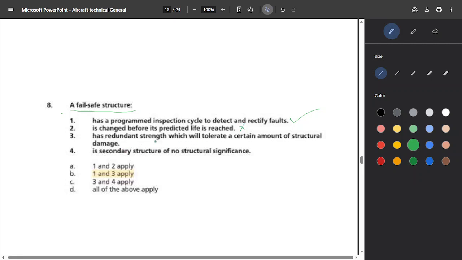Has redundant strength which will tolerate a certain amount of structural damage. True. Is secondary structure of no structural significance. Not really related. So answer B is correct. 1 and 3. A fail safe structure has a programmed inspection cycle to detect and rectify faults and has redundant strength which will tolerate a certain amount of structural damage.